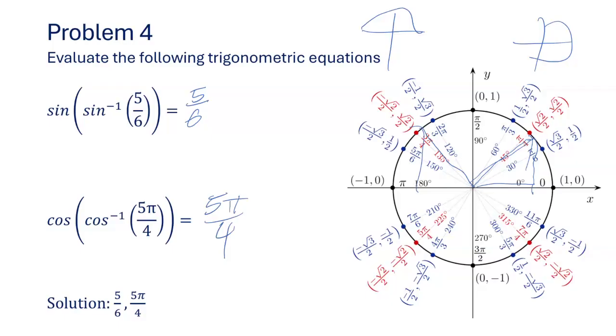So if we said sine of the inverse cosine of 5 pi fourths, we would have an issue of being in the third quadrant, and it would give us a negative angle because we have a negative y, a negative sine value, and that would put us in the fourth quadrant. That is a good point. Did I lose anybody? Oh, good.